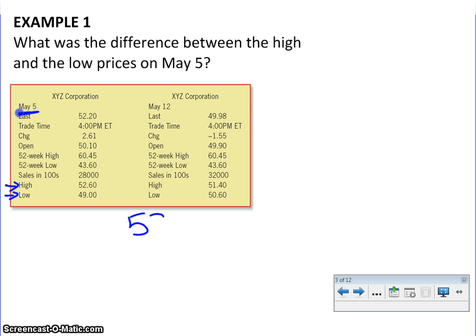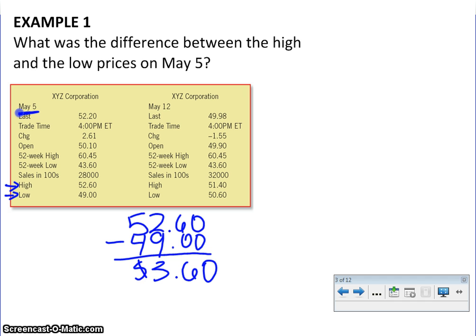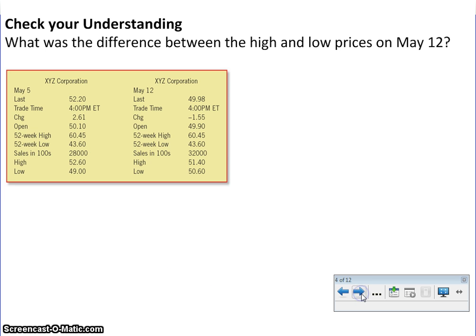So if I take 52.60, which was the high, and subtract $49, which is the low, I find the difference between the high and the low to be $3.60. Please press pause, solve this, come back, and we'll work on it together.